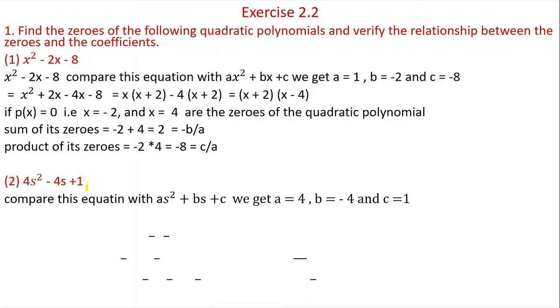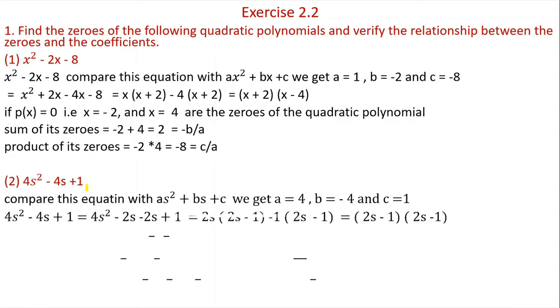Hence, I can write 4s square minus 4s plus 1 as 4s square minus 2s minus 2s plus 1. So that I am getting, if I take 2s as common, 2s minus 1, and if I take minus 1 as common, 2s minus 1.